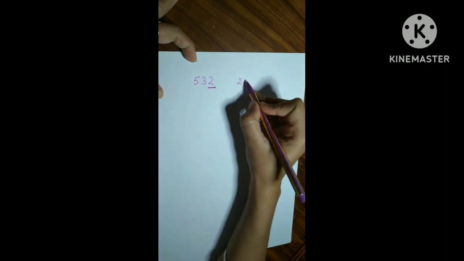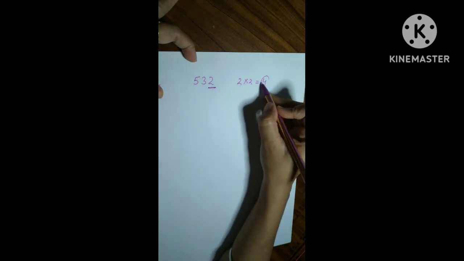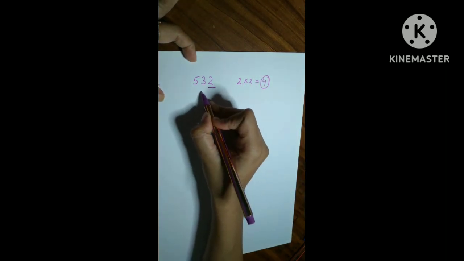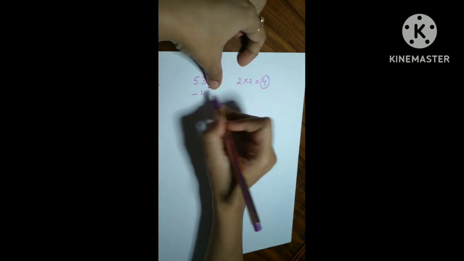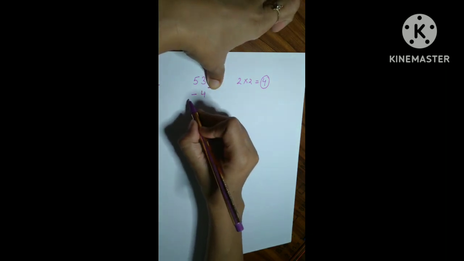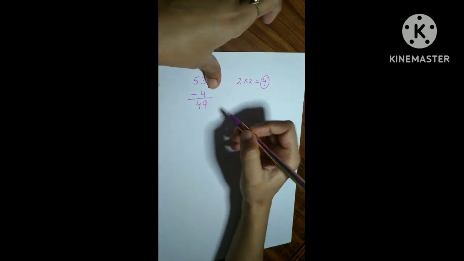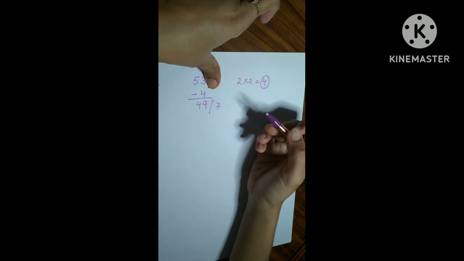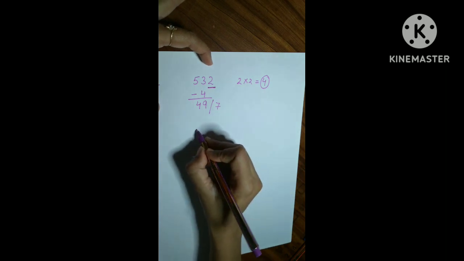This is the last digit, let's double it. And subtract this product from the remaining number. This is the leftover number. Is this divisible by 7? Yes, it is. So let us take an example with large numbers.